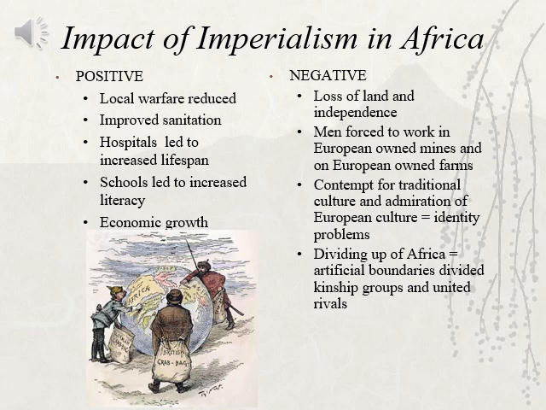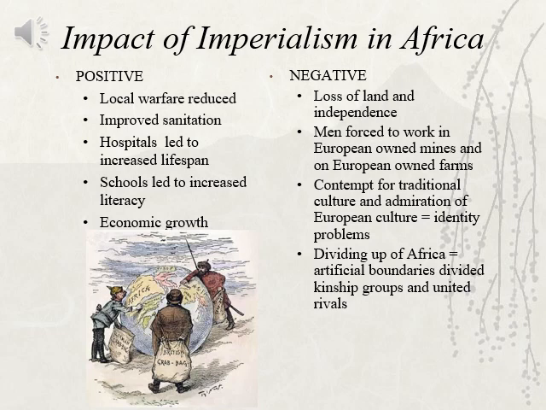But the negatives, the independent sovereign African nations lost their land and their independence. Men were forced to work in European owned mines and on European owned farms. There was massive contempt for traditional culture and admiration of European culture. This created identity problems amongst the people.